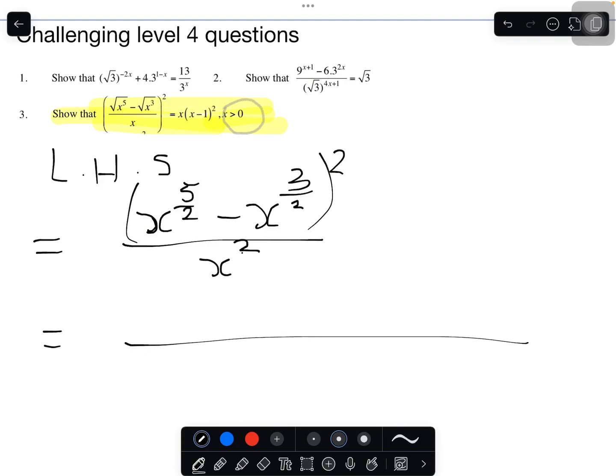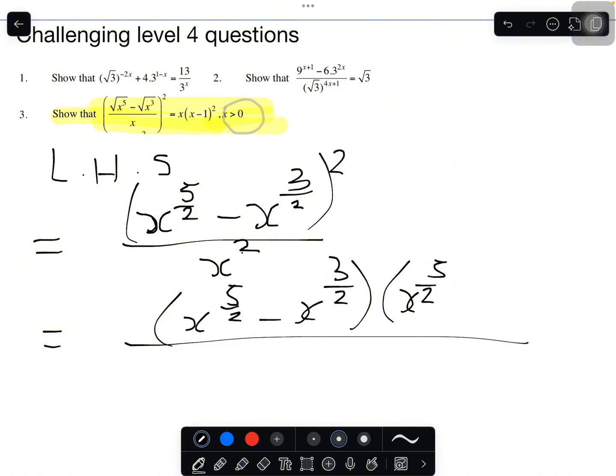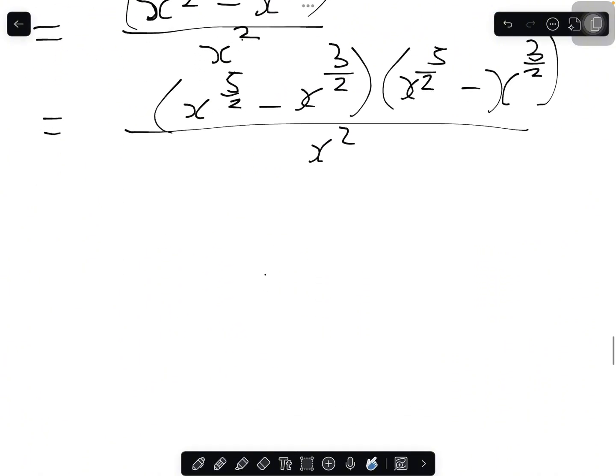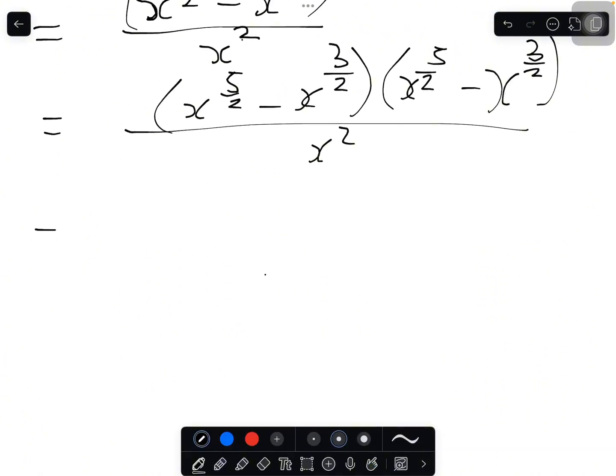So if I were to rewrite that, it'll be x to the 5 over 2 minus x to the 3 over 2 into x to the 5 over 2 minus x to the 3 over 2 over my x squared. Now I'm going to have this term here times this term times this term, and then that term. I'm just going to FOIL.